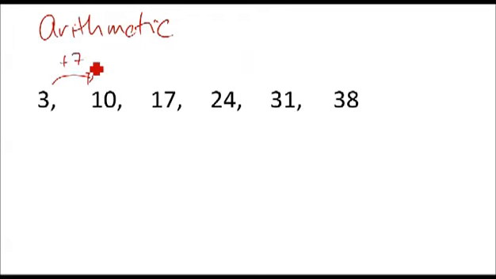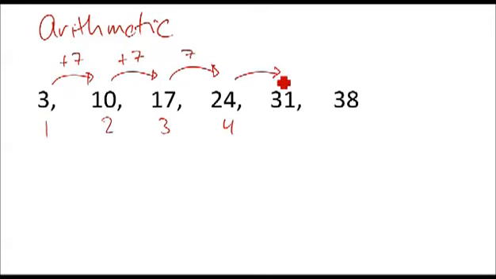So the first term and the second term differ by 7: 3 plus 7 is 10. The second term and the third term differ by 7 also: 10 plus 7 is 17. The third term and the fourth term differ by 7: 17 plus 7 is 24, etc. In each case, we're adding 7.